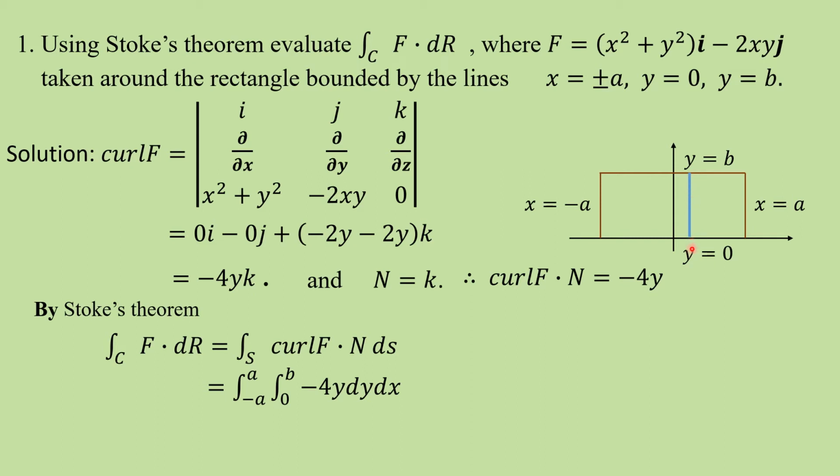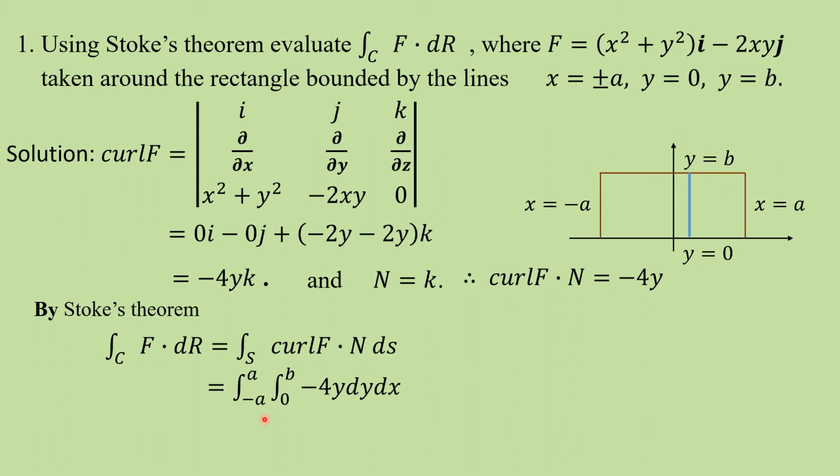The limit for y varies from the lower portion on the x-axis, that is y equal to 0, to the upper portion on the line y equal to b. And for x, the outer limit is from x equal to minus a to x equal to a, so that it covers the entire region.